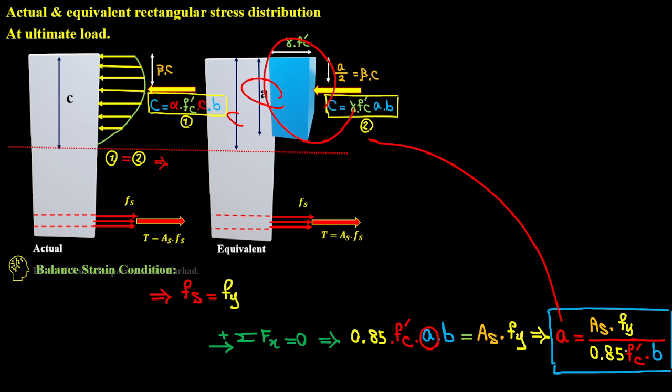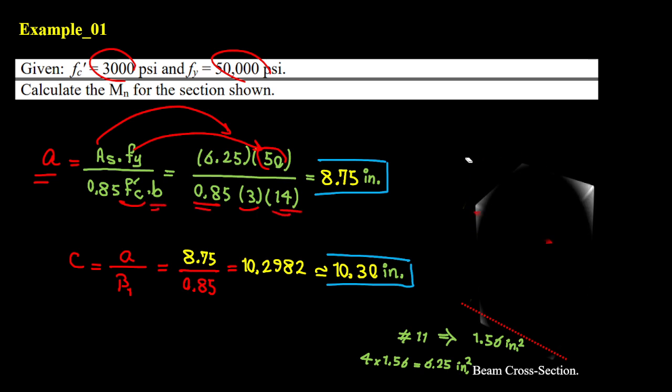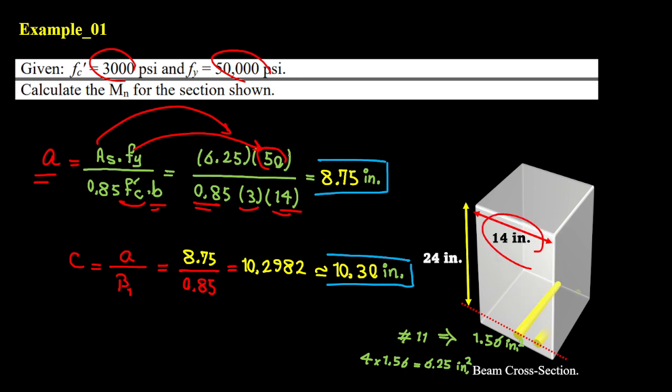It's As times fy over 0.85 f'c times b. So if you replace that in the equation, it gives you a equals As times the yield strength, 50, over 0.85 times f'c, times b. So that's just the ratio between these two.